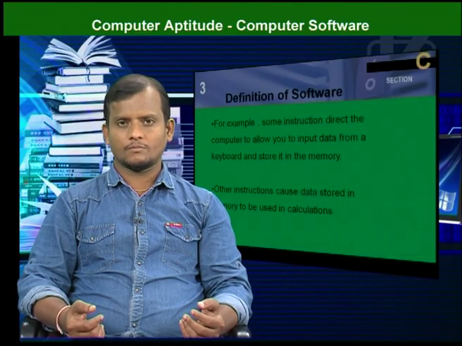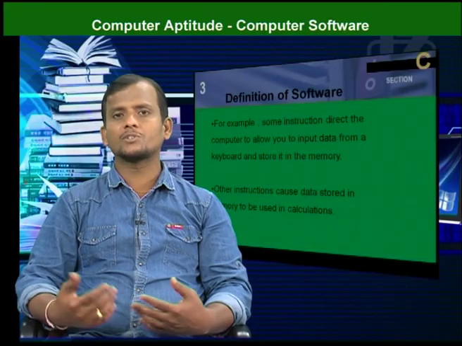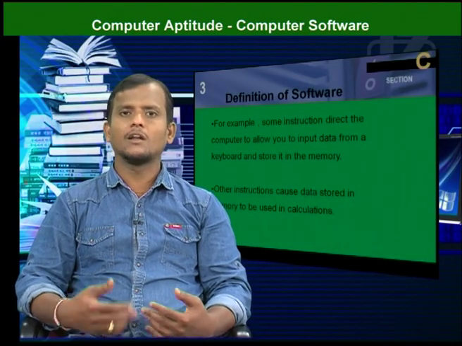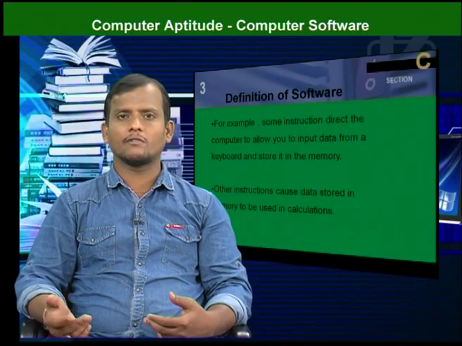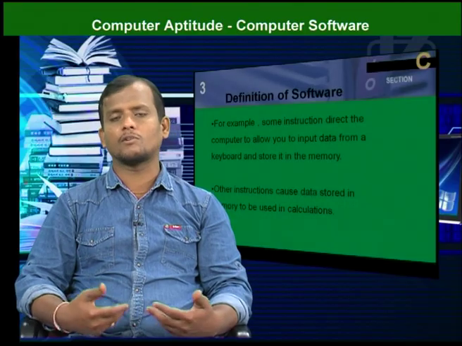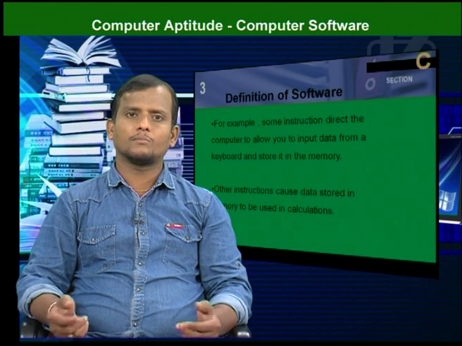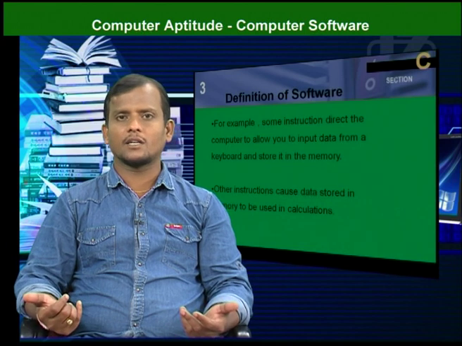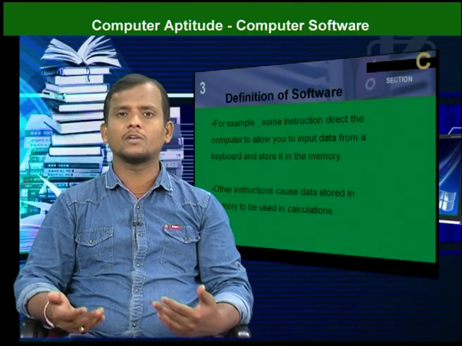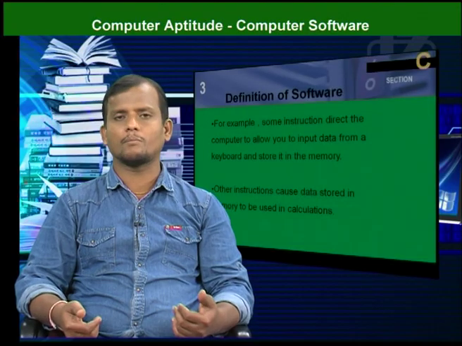What you type through the keyboard will be stored in memory. Later it may be used for calculation purposes if you want to do some calculations. So you are typing input and that is being stored in memory, as a software can do. So how is it happening with the help of the software?